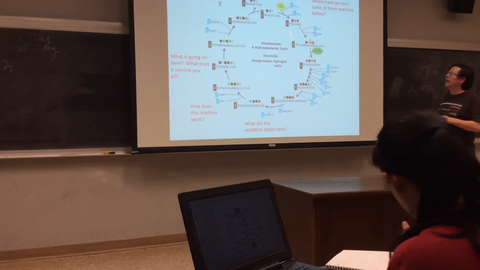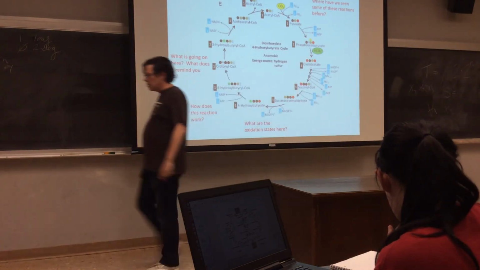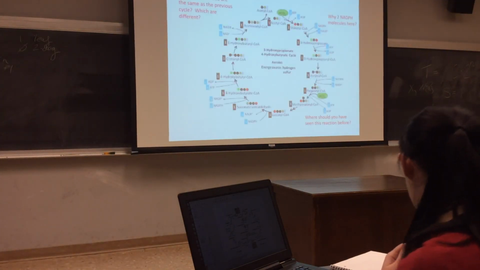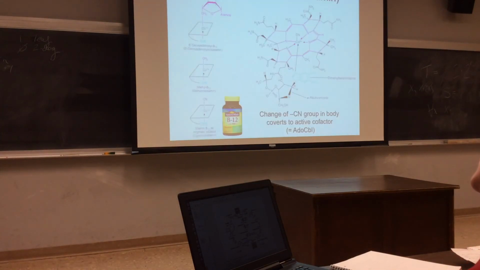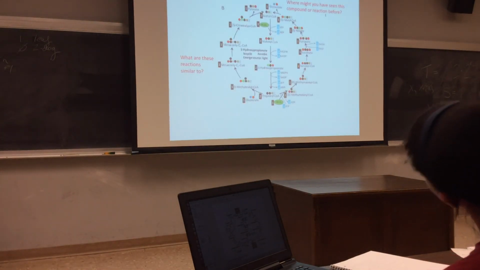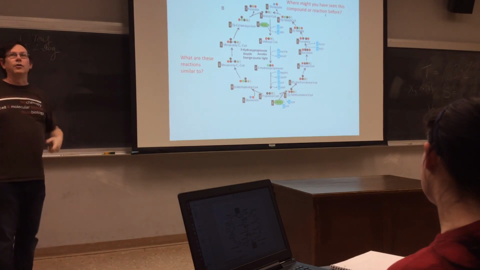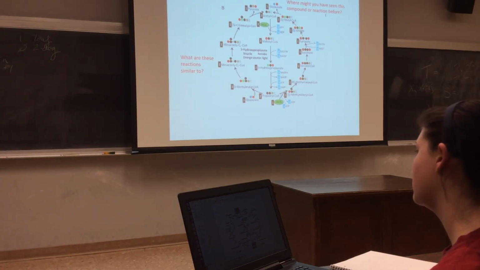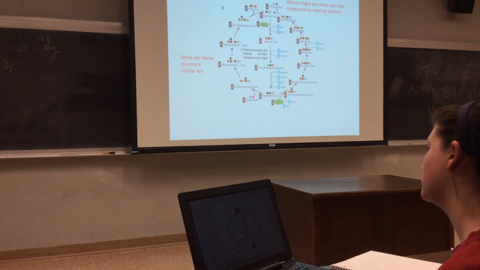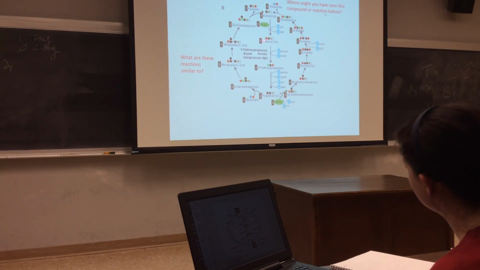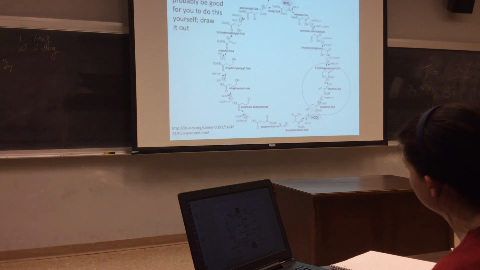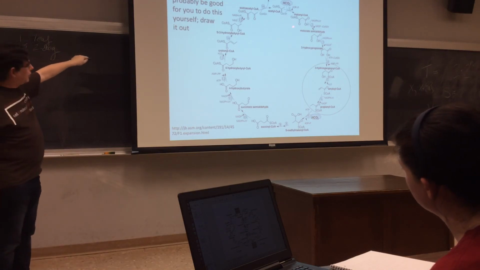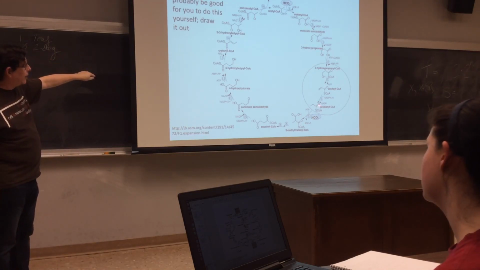In this case, pyruvate. In this case, malonyl-CoA. In this case, malonyl-CoA. So we get from a 2-carbon to 3-carbon compound, and then we take that 3-carbon compound, malonyl-CoA, and we're going to basically turn it into propionyl-CoA here. We'll go backwards. We're going to turn malonyl-CoA into propionyl-CoA there.